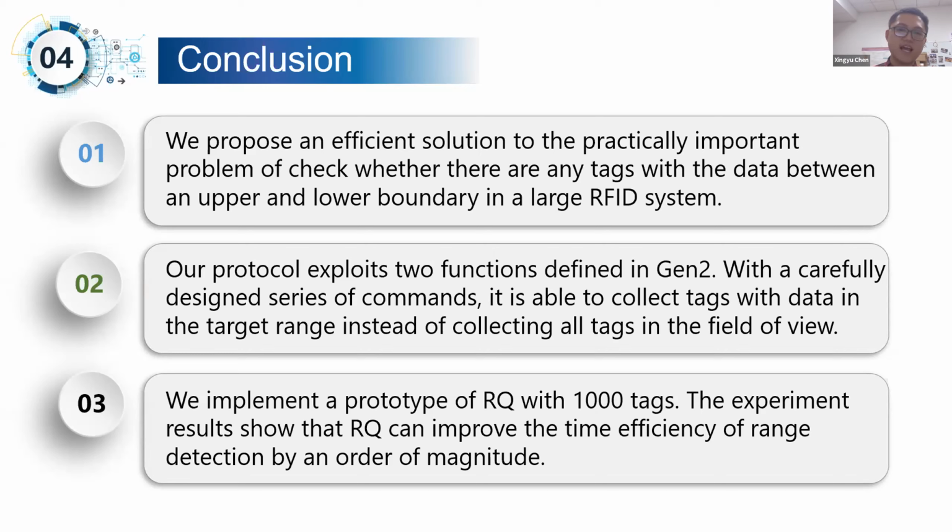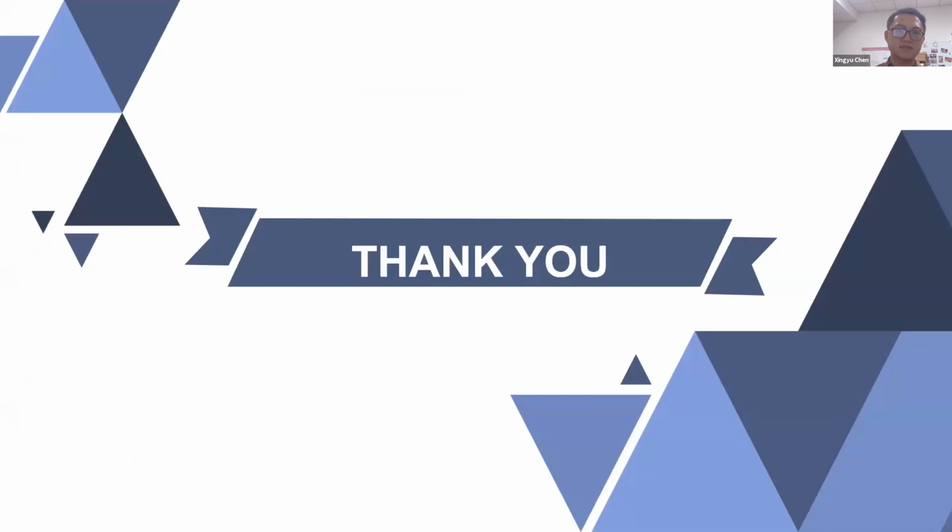It can improve the time efficiency of range detection by collecting tags with data in a target range instead of collecting all tags in the field of view. We implement a prototype of range query with 1,000 tags. The experiment results show that our method can improve the time efficiency by an order of magnitude. That's all. Thank you.